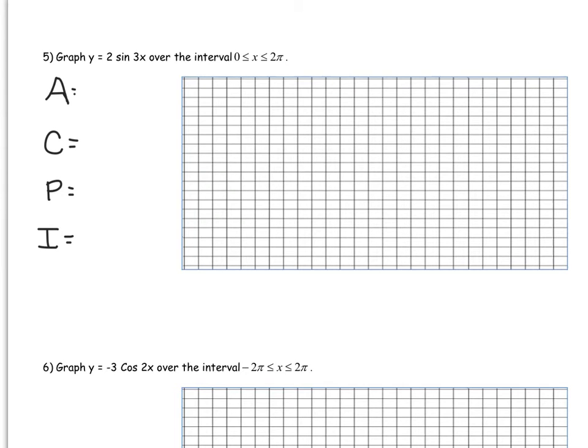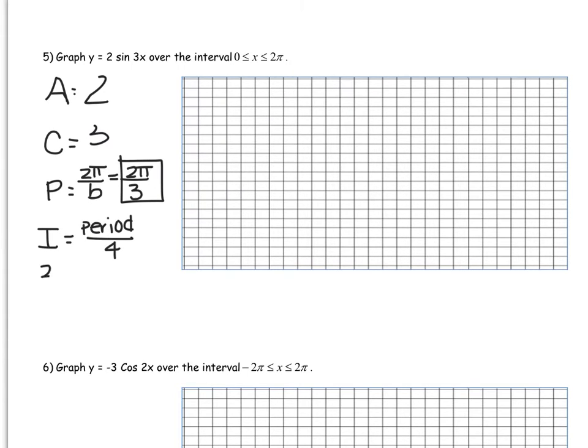Okay? So we know that the amplitude is the number in front of the sine. So that's 2. We know the cycles is the number right before the x. So that's 3. And the period we know is 2 pi over b, where b is the number of cycles. So 2 pi over 3 is my period. And the interval we know is the period over 4.